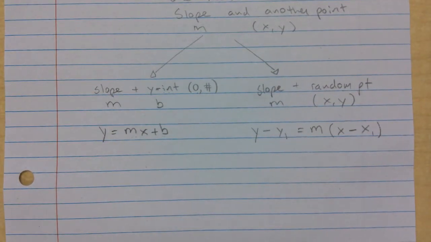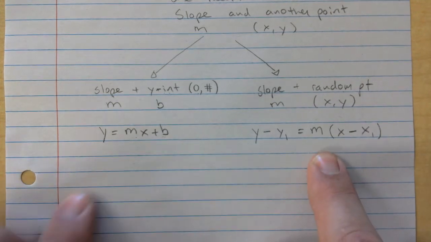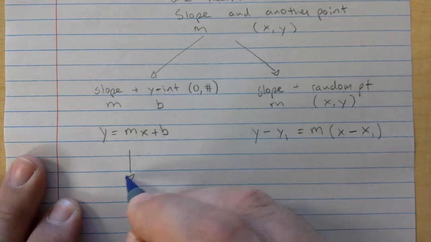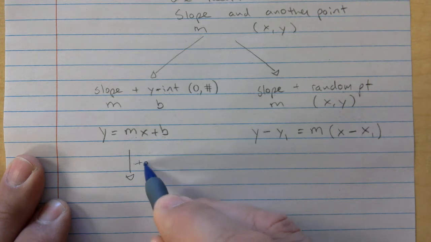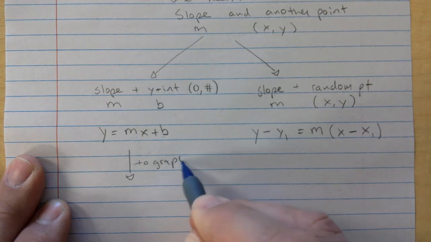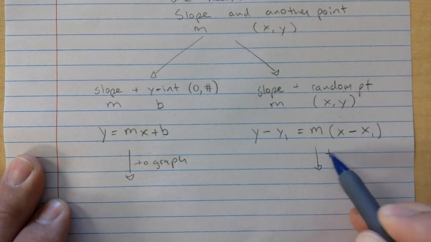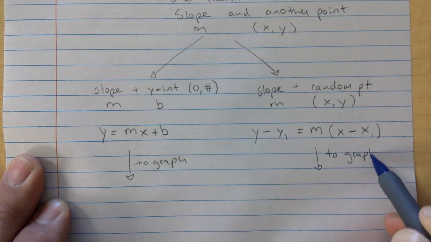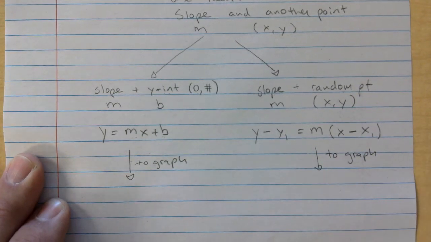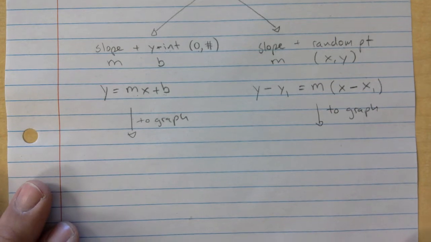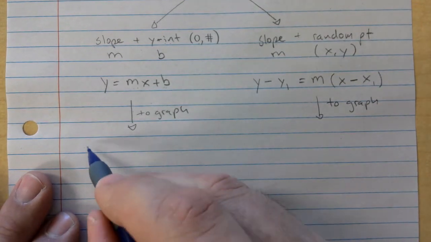And then to graph, this is the kicker, to graph this, I'm going to turn off the front row lights. And now, to graph this or to graph this, you go about it the following way, right?